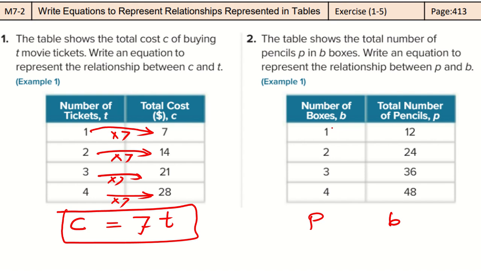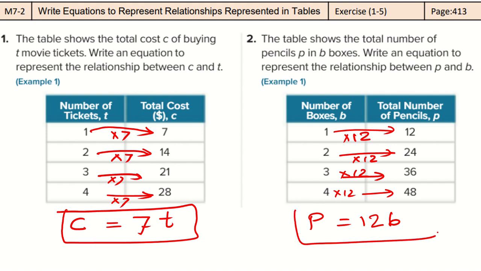So, it is 12 times. 1 multiplied by 12 is 12, 2 multiplied by 12 is 24, 3 multiplied by 12 is 36 and 4 multiplied by 12 is 48. So, what is the rule? The rule is P is equal to 12B.